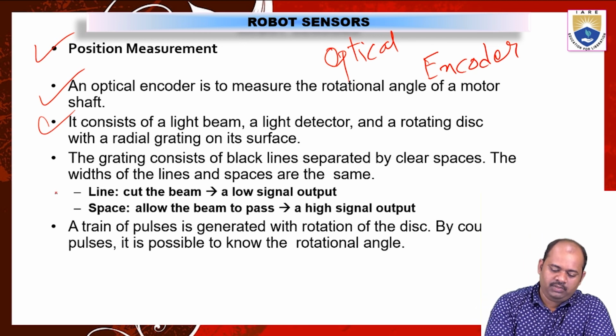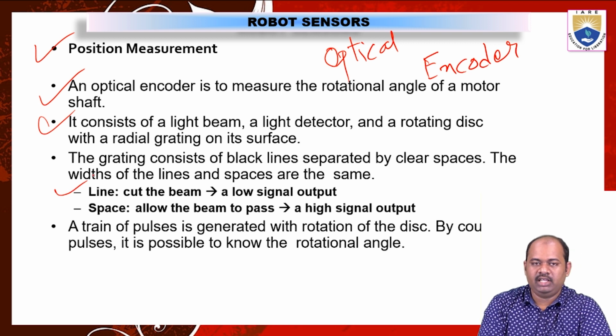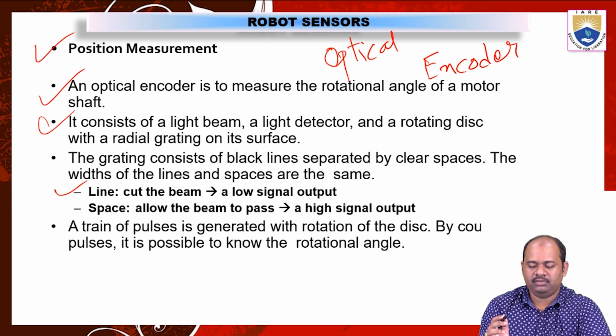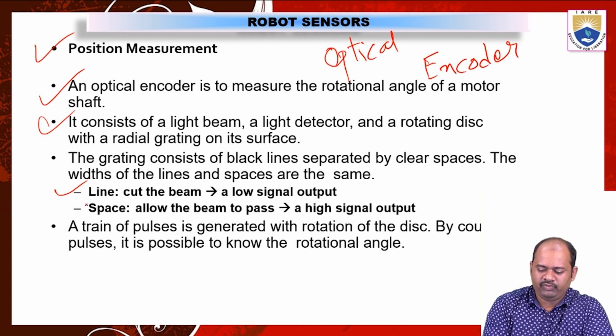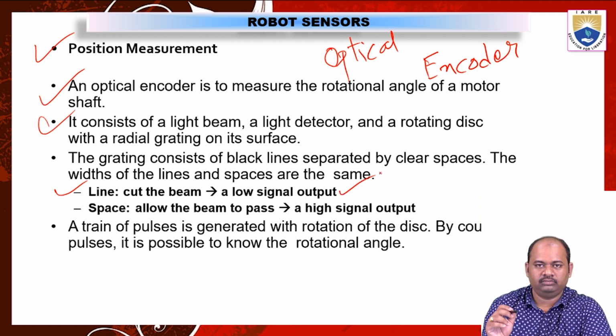The principle of how it works is, when there is a line, that means it cuts the beam. When the light is not allowed to pass through the disc, there is no signal. That means there is no light coming through the optical encoding disk, so the output will be a low signal, which we consider as a line.